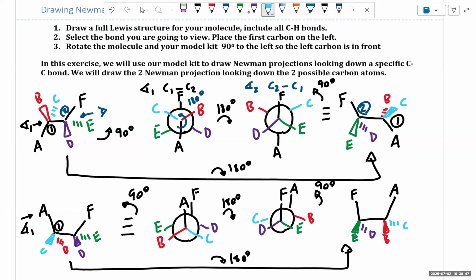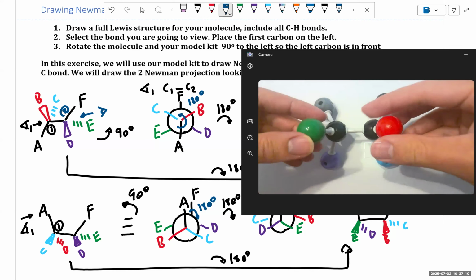Now, the goal of this exercise is to talk about all of the possible Dash-Wedge structures that you can encounter. So let's see what happens if this time we take our back carbon groups and we rotate them 180 degrees. So let's see what's happening in the model.